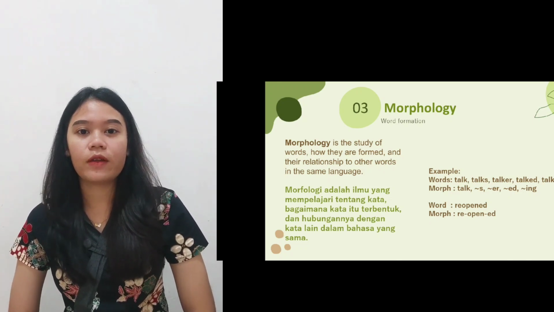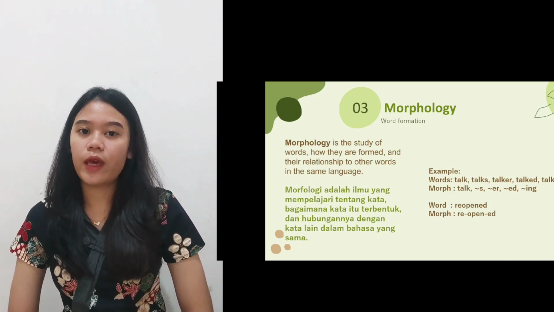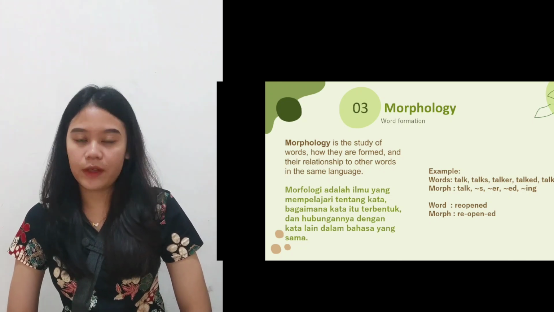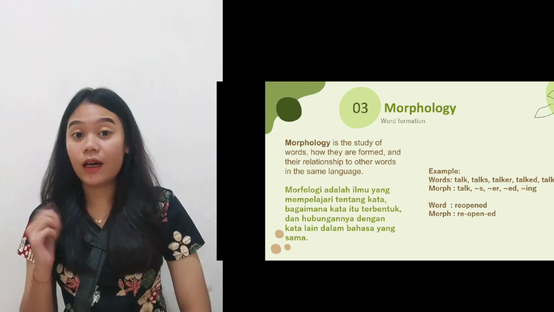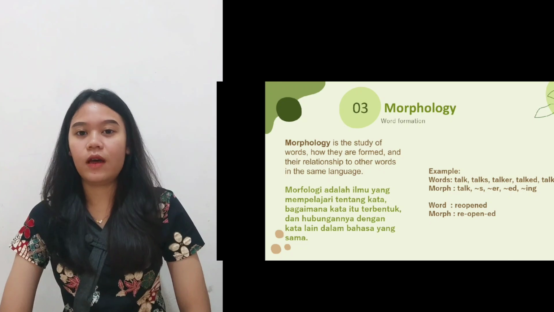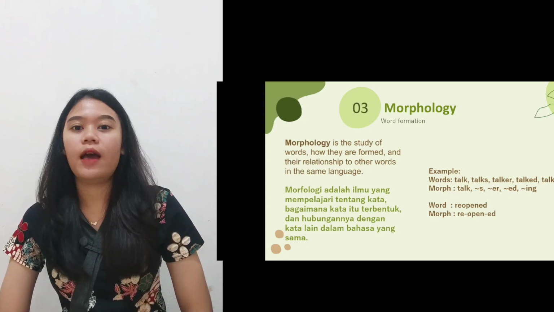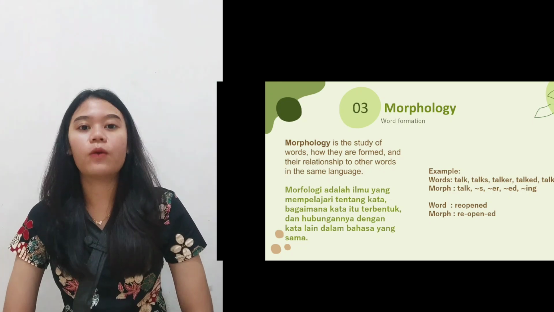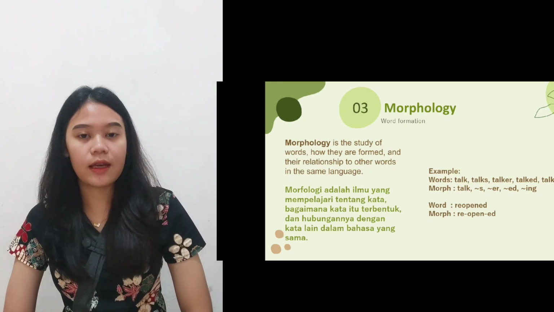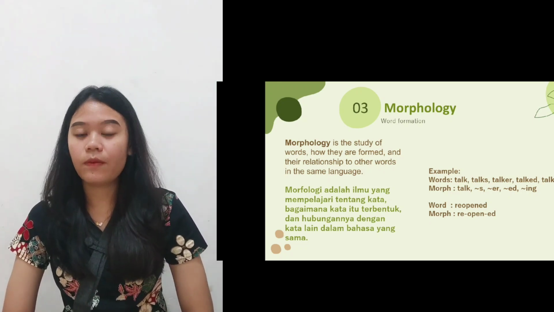These words have a different meaning after we add the suffix and prefix. Another example is the word reopened, where we add the prefix re and the suffix ed, so it becomes reopened.